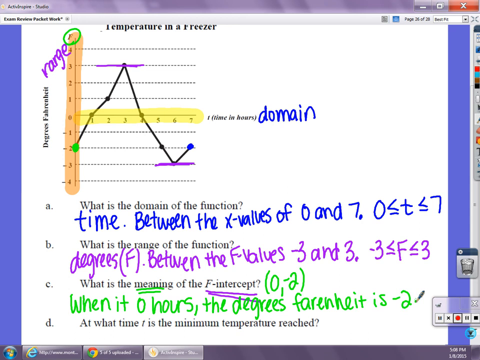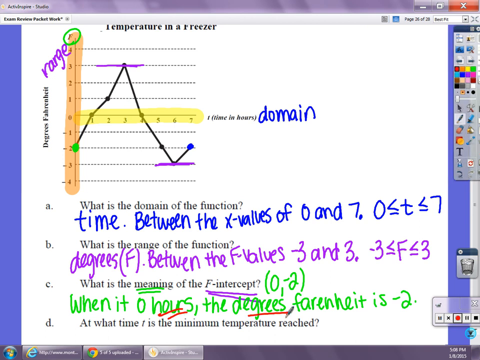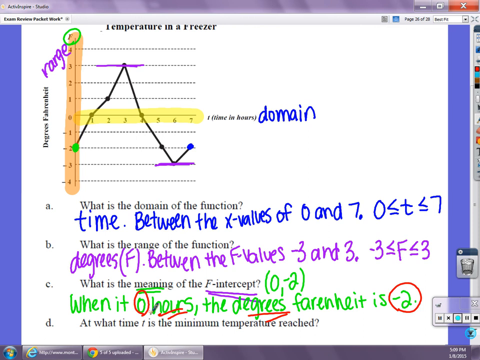Lots of different ways to say that, but the key is that we use the words hours and degrees. We use numbers, -2 and 0, so we want to be specific when we're dealing with meaning.